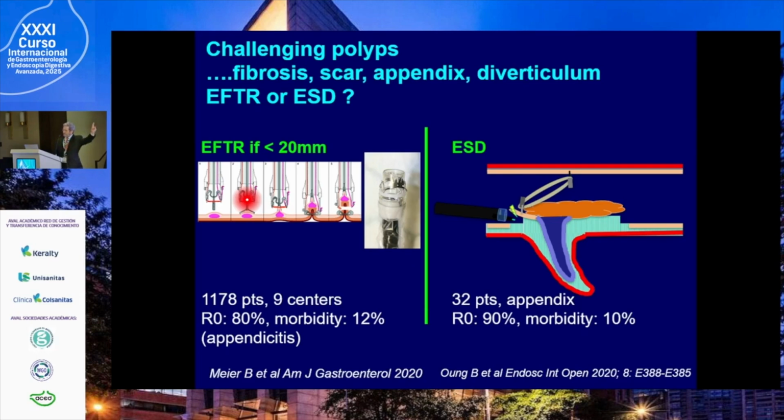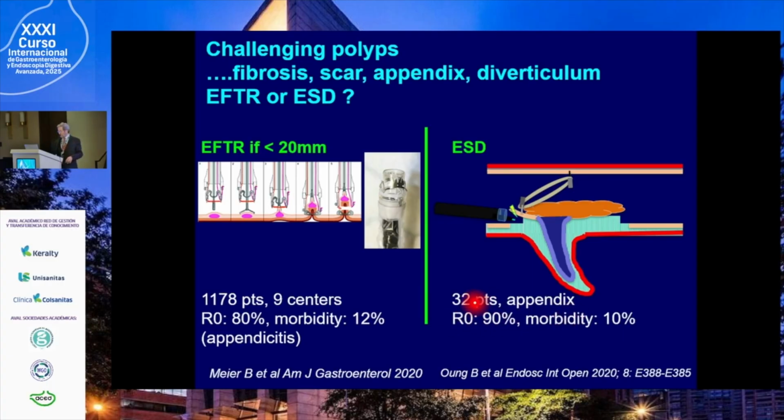I use the Ovesco clip in case of perforation, but I never use this, because it is a little imprecise. You see, morbidity is quite high in case of a lesion located on the appendix, 12% of appendicitis. We prefer to use ESD with traction, traction here. And you see, morbidity is not null too, but R0 is quite good, okay?